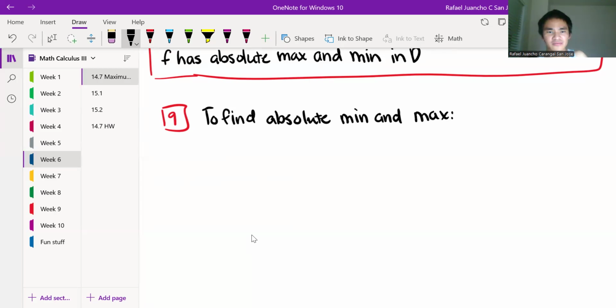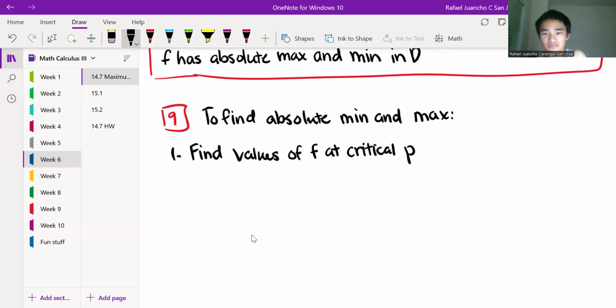Step 1, we find the values of f at critical points in D. Once we find our critical points, we immediately want to find those values.